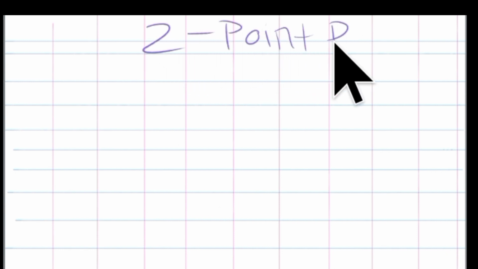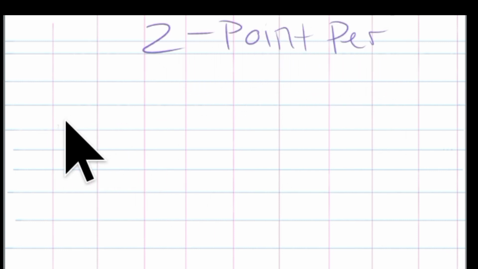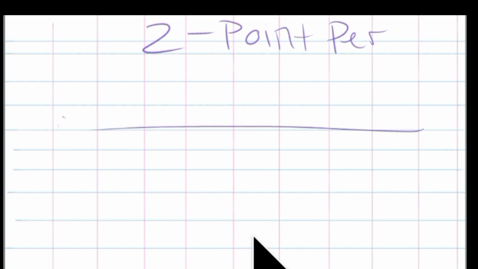So, unlike 1 point perspective, 2 point perspective is pretty straightforward. So here, for 2 point perspective, what do we have?